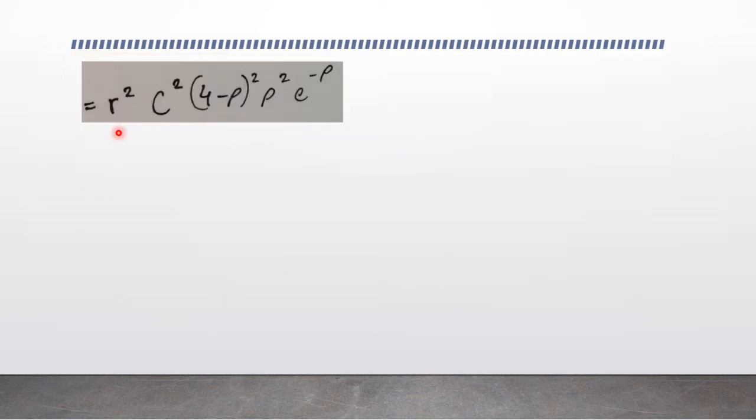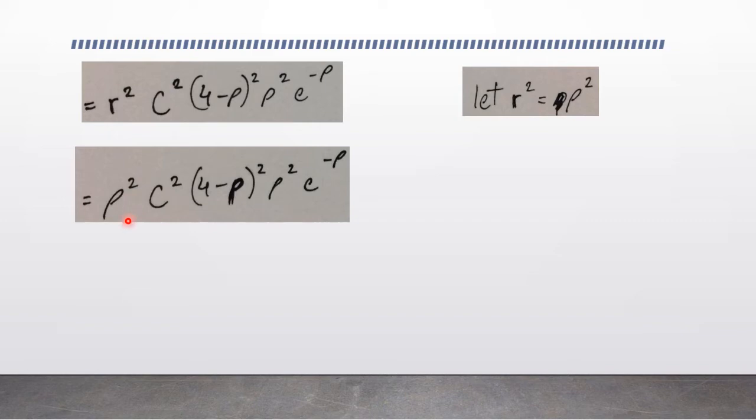Now, at this point, we can simplify the function by expressing it in terms of either r or rho. Because the majority of the terms are in rho, I let r squared be equal to rho squared. Substituting r squared with rho squared, we get this equation.